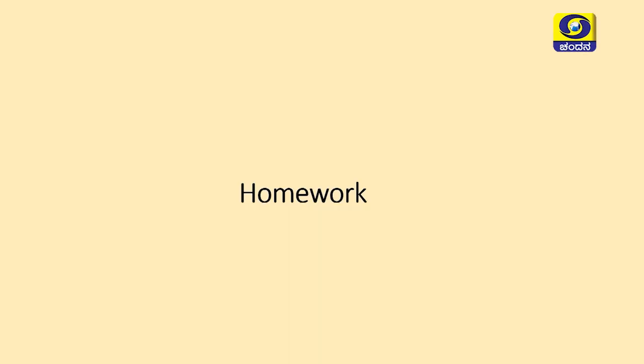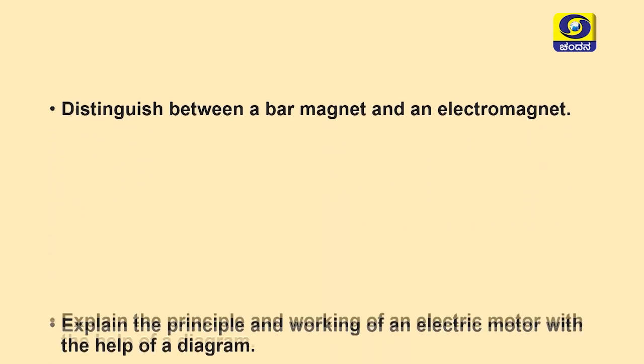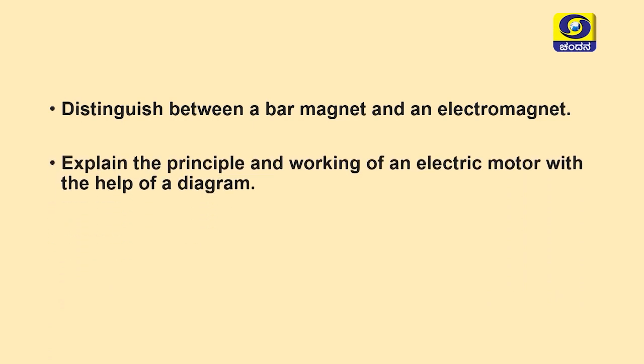Here are some homework questions. Write them down. Write the answers for those questions later. Discuss these answers with your teacher. Write down these questions for homework. Distinguish between a bar magnet and an electromagnet.